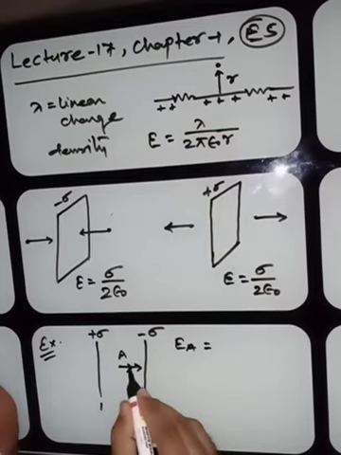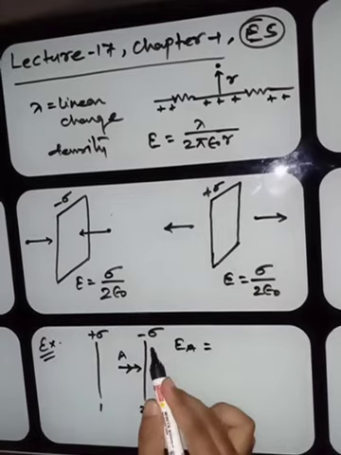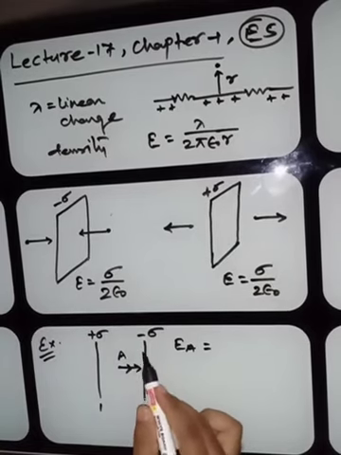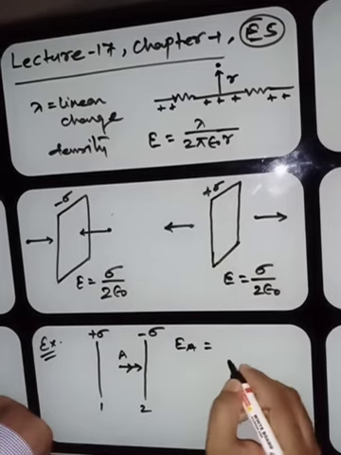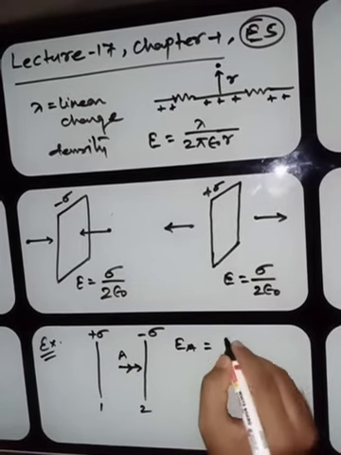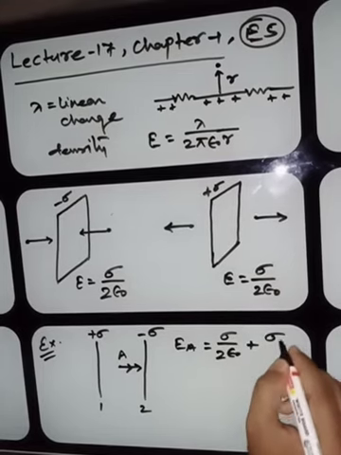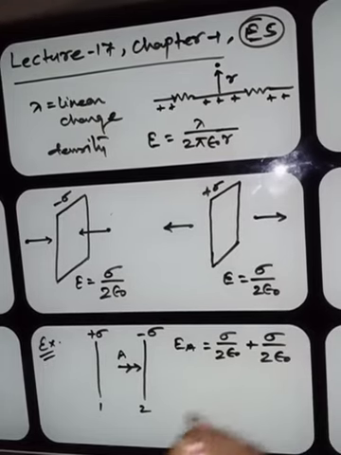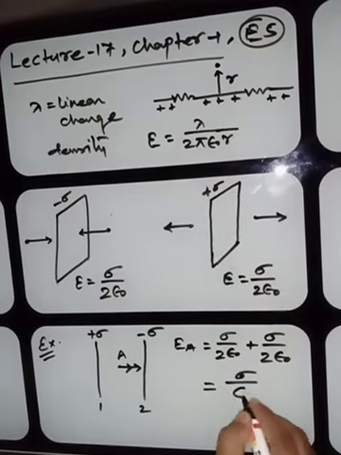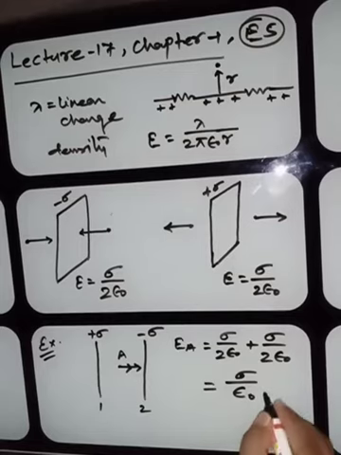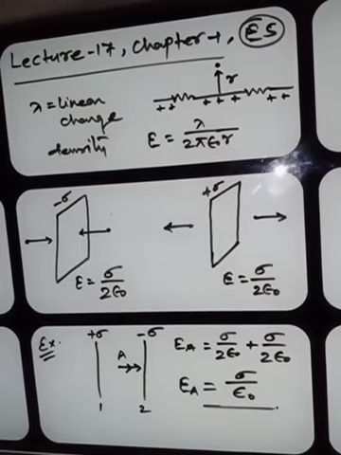So you have two electric fields in the same direction, and since the magnitudes of the surface charge density are the same, the magnitudes are the same. You write sigma by 2 epsilon naught plus sigma by 2 epsilon naught, giving sigma by epsilon naught. This is the net electric field at point A inside the plates.